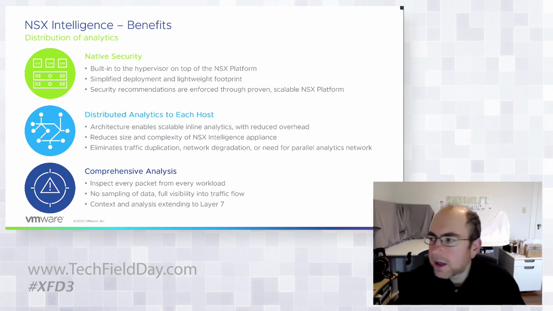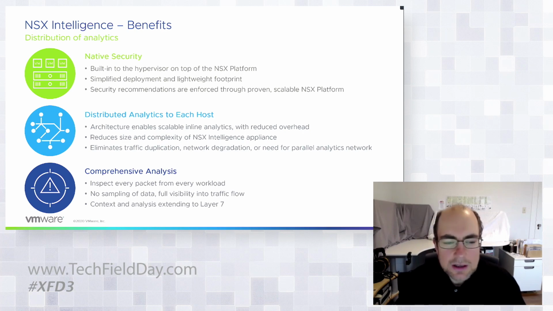Other benefits that we have is that we've built NSX Intelligence directly on top of the proven NSX platform. So it's a very short path, as you'll see in the demonstration, for us to go from an AI-driven recommendation into effective policy, right?